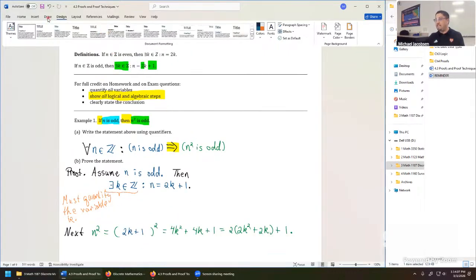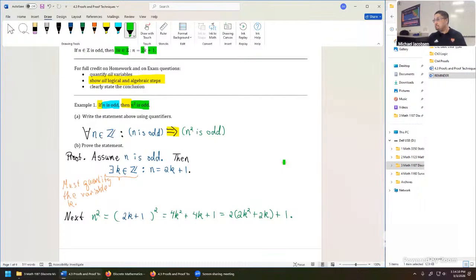Oh, sorry, I'm not sure what I did there. Let me go back. We can say, I'll go with the uppercase K be equal to 2k squared plus 2k. Now let's think about where little k came from, lowercase k. It was an integer, and integers are closed under the operations of addition, subtraction, multiplication. That's multiplication there, but not division. So if I had a division here, I'd be really worried.